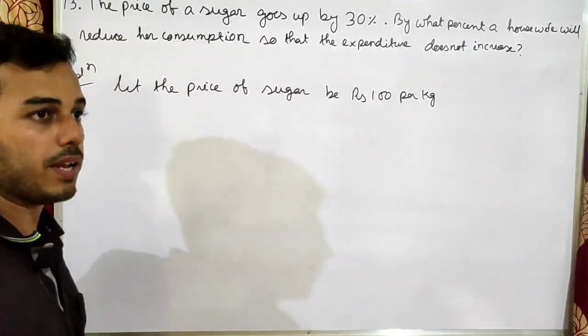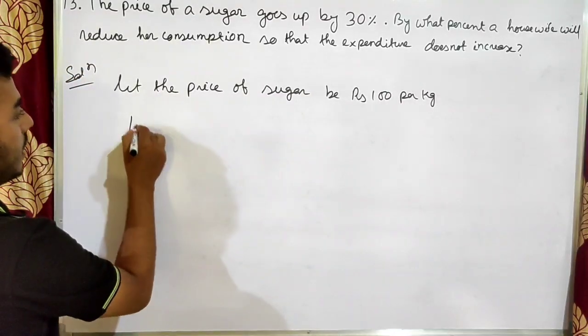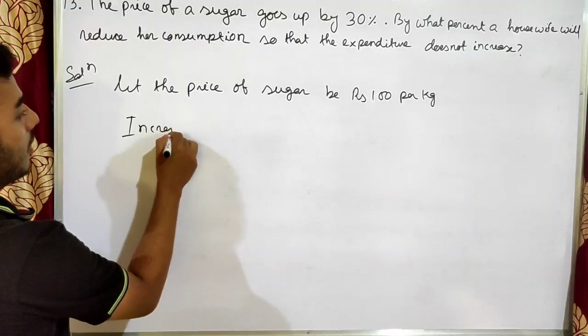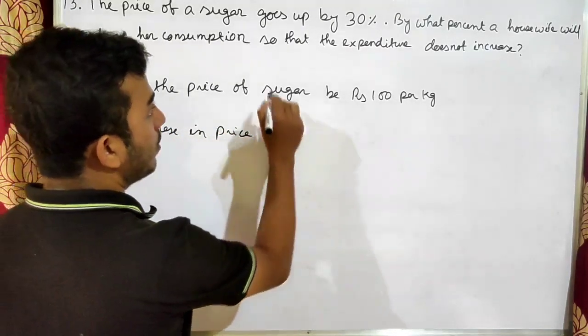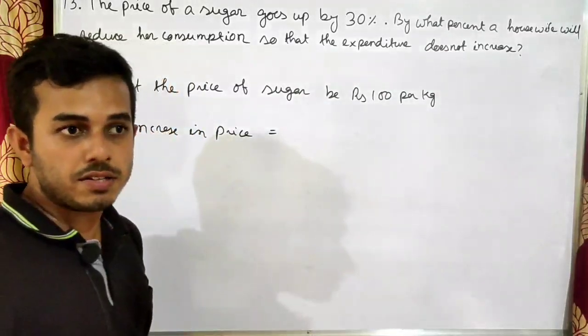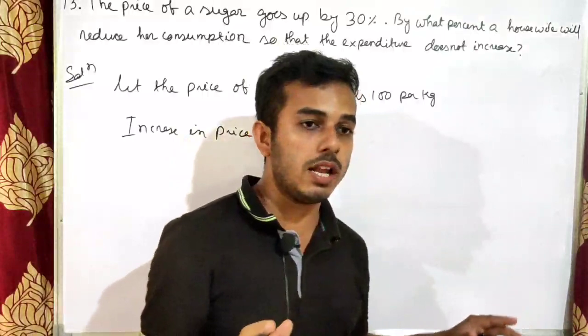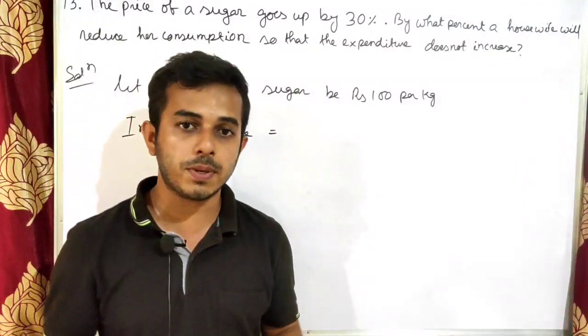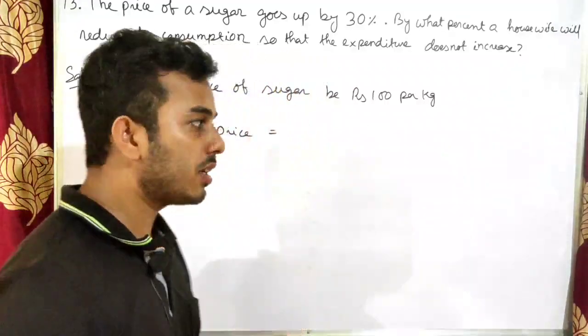Now increase in price will be what? 30% of 100, isn't it? If it was rupees 100 per kg earlier, now it is increased by 30%. So it will be 30% of rupees 100. This amount is increased, isn't it?